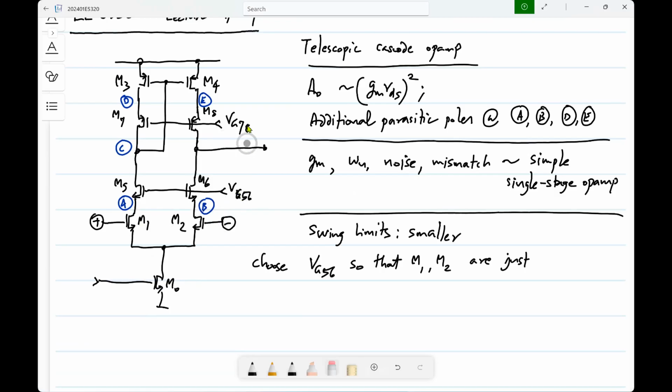Similarly, for swing limit, VG78 has to be as high as possible because the upper limit will be VG78 plus VTP. But you don't want to make it so high that M3 and M4 get pushed into the triode region.